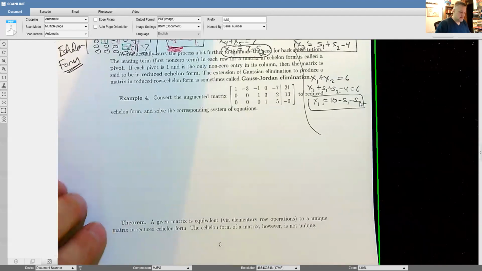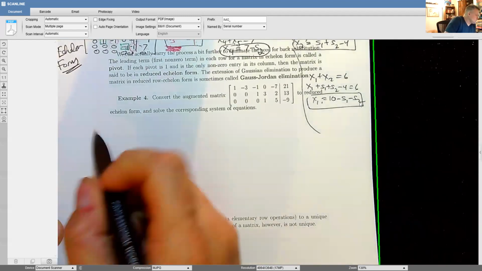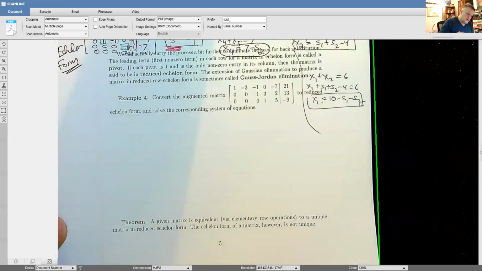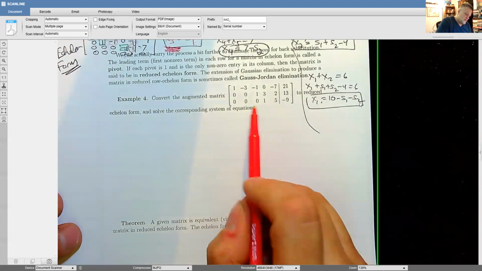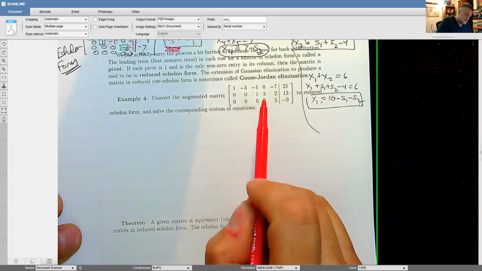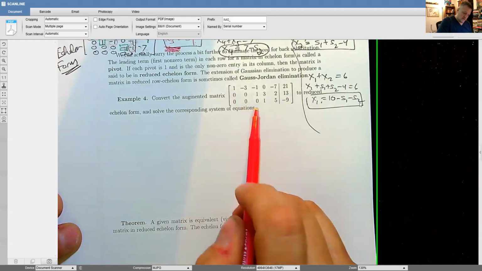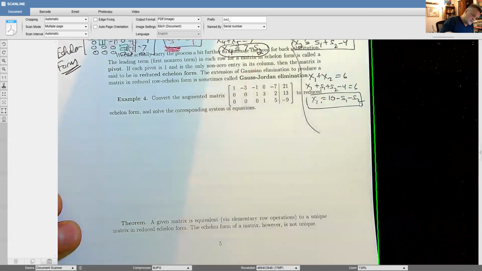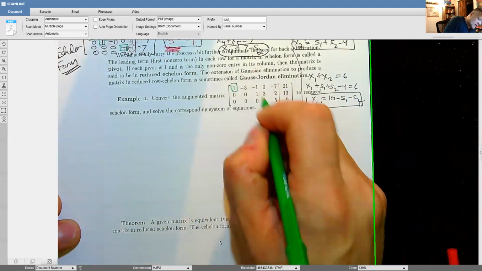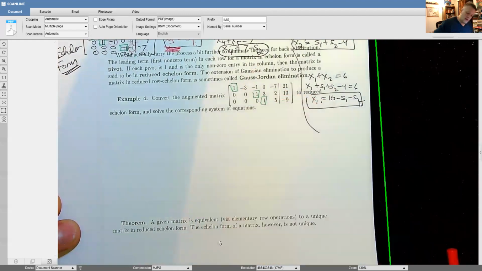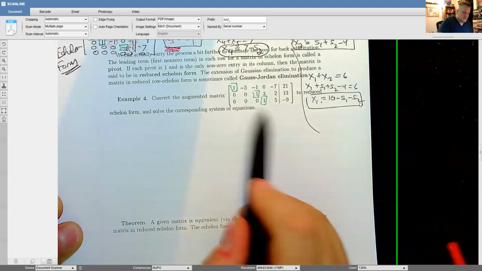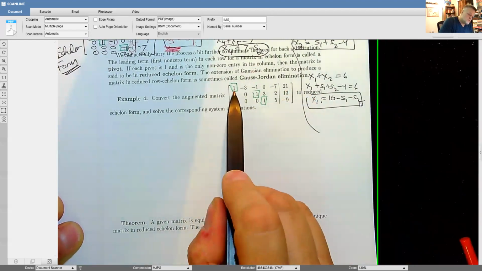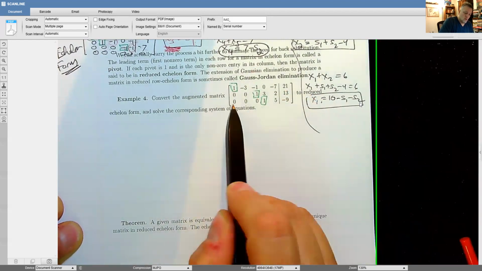All right, so let's look at this. The first thing I want to do is identify what the pivots are. This is already in echelon form because the pivots are here, bong, bong, and bong, and there are no zero rows, and each row contains more initial zeros than the one previous.